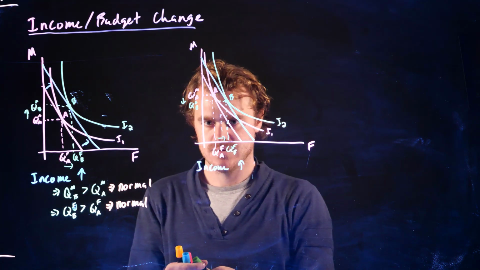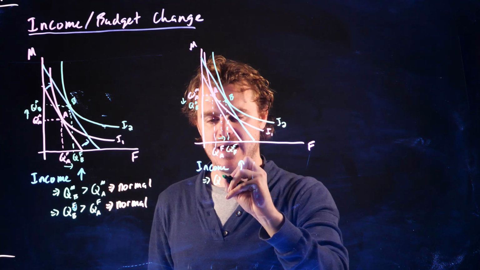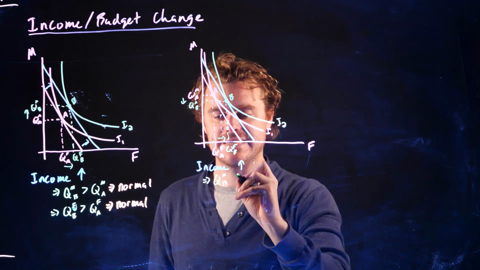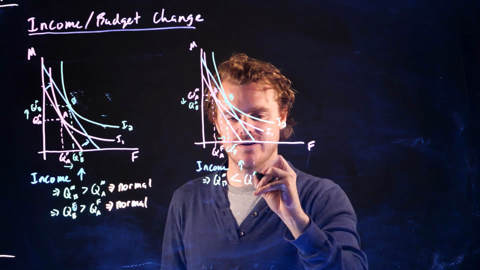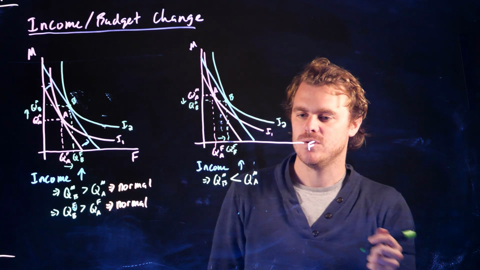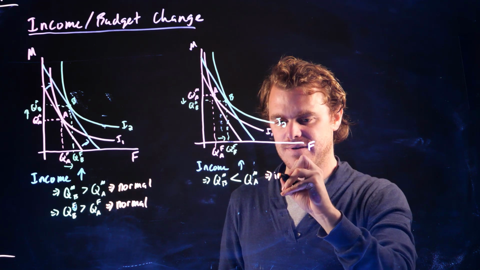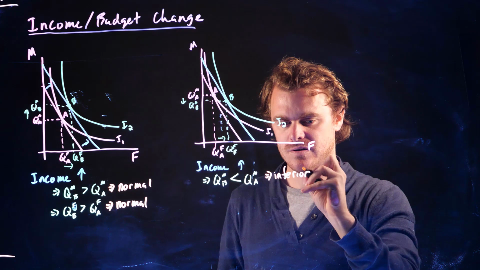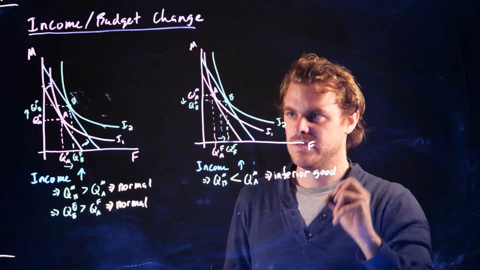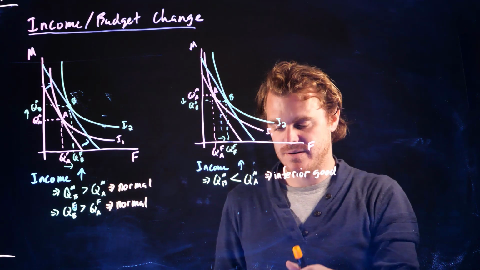So now, if we look down here, the quantity of mangoes at B is less than the quantity of mangoes we had at point A, even though our income went up. Well, this means that mangoes are an inferior good, since our income went up and we actually ultimately chose to purchase less of them.